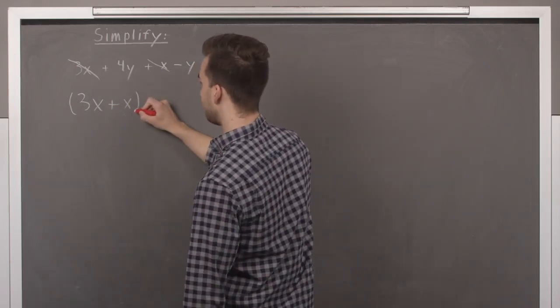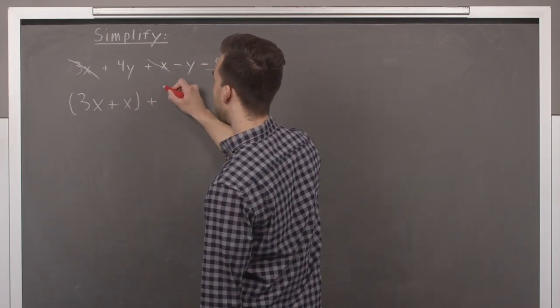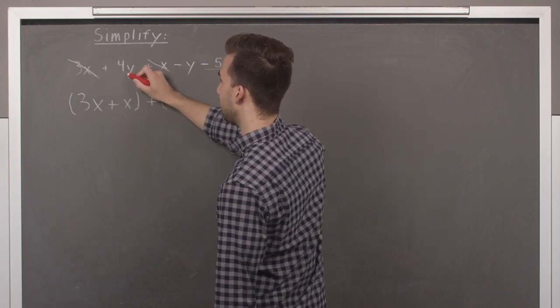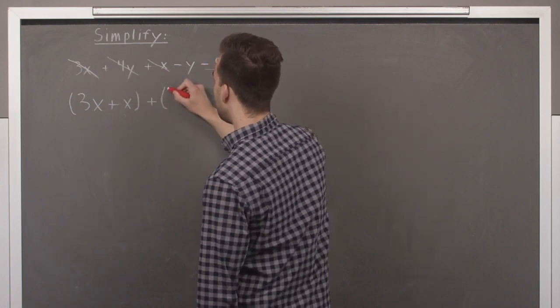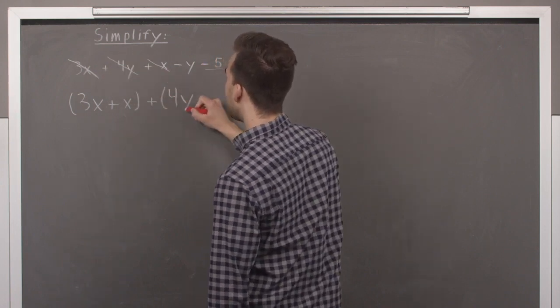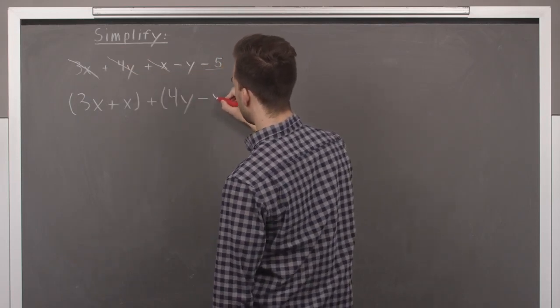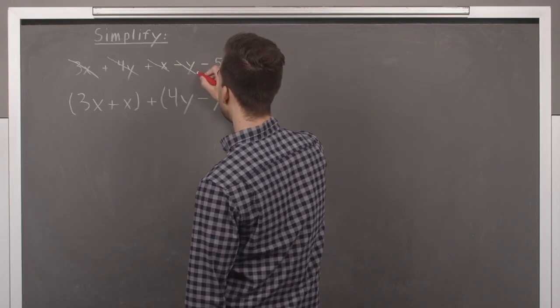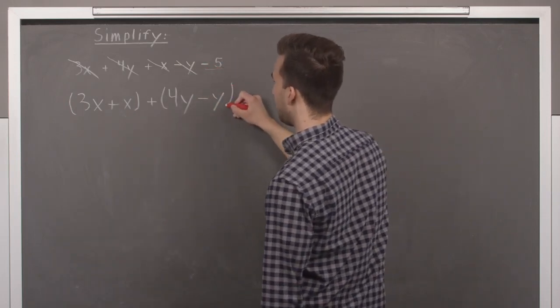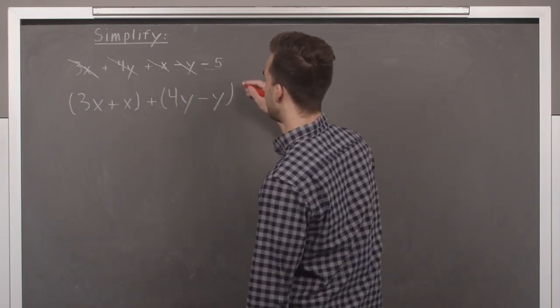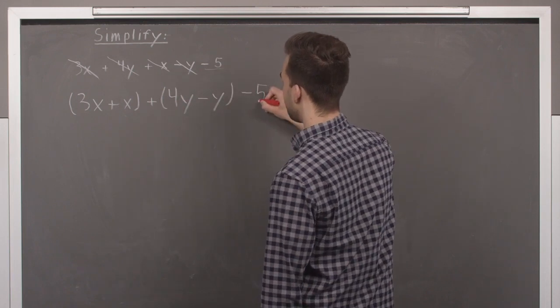No. So now let's do the y's. So if we start from the left, here's a 4y, and then there's a negative y. Any others? Nope. And then now, all we're left with is -5 here.